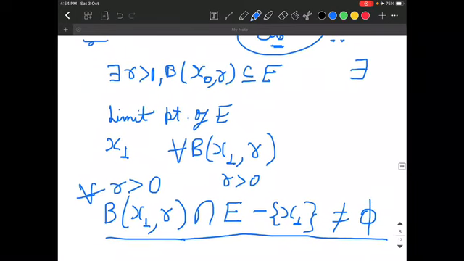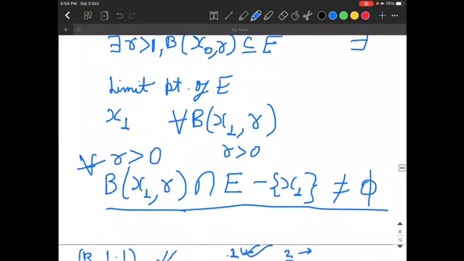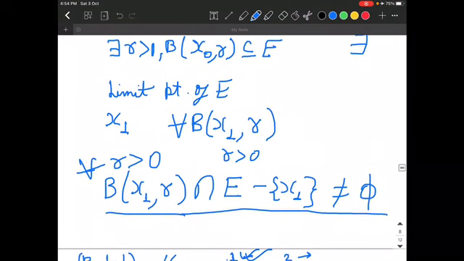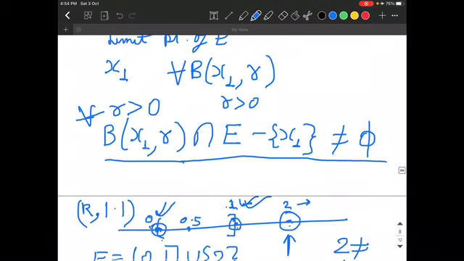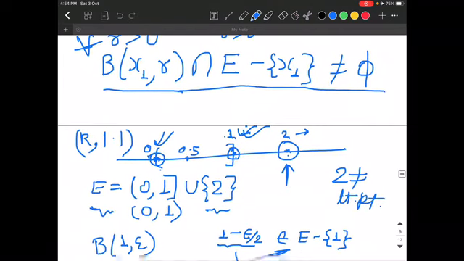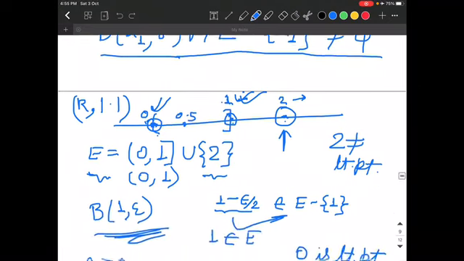There is a limit point, which we just saw, that every open ball around the point intersects the set E at some point other than the point x1 itself. And finally, isolated points, where every open ball around the point intersects E at that point only.